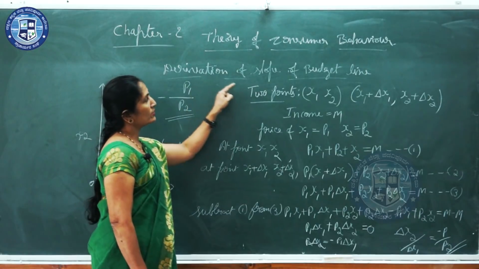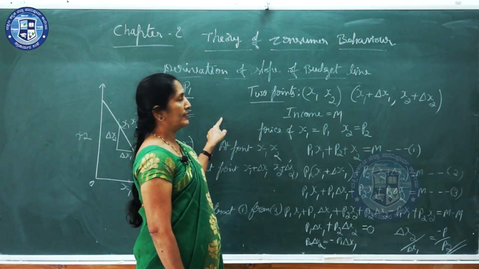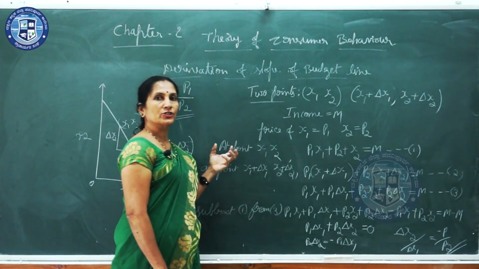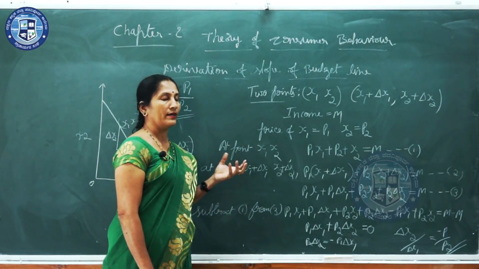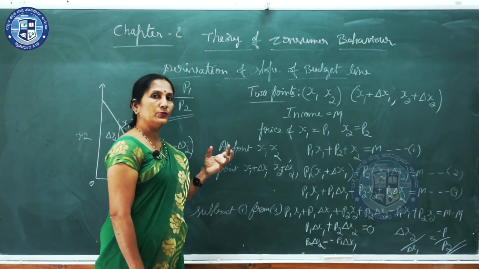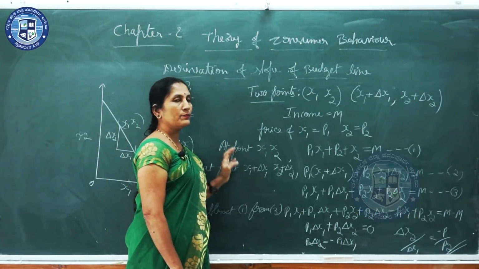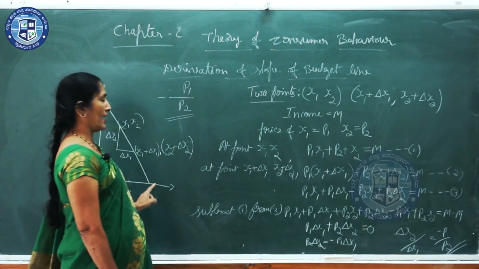The slope of the budget line is the quantity of change in one product required per unit of change in another product along the budget line.